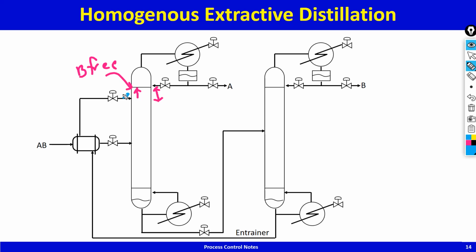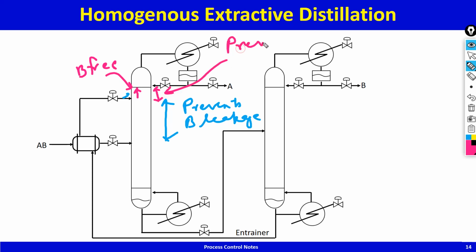Okay, so the middle section soaks in B, does not allow B to leak up, so prevents B leakage up the top. This middle section prevents entrainer leakage up the top.